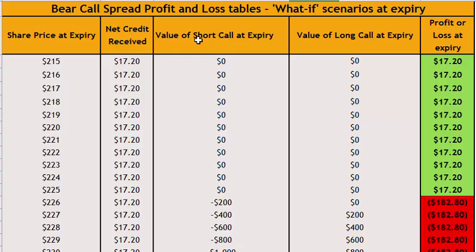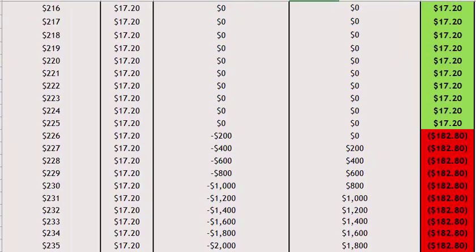We have two call options then to consider. We've got our short call option and our long call option. And call options only have value at expiry when the share price or the call option is in the money. So as you can see here, our short call option here was the 225 strike. So there's no value in that call option right up to 225, but after that you're seeing a lot of negative values. So how did we get them?